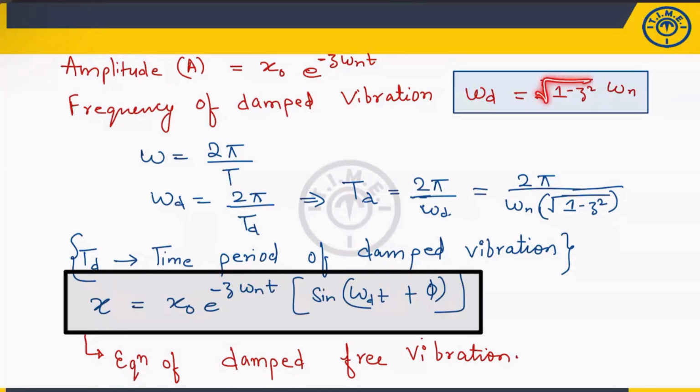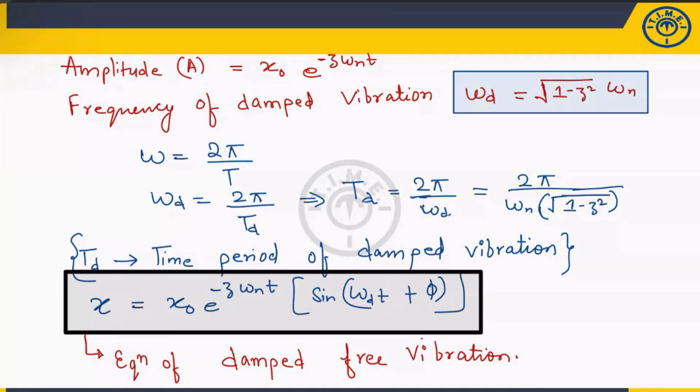It is root of 1 minus zeta square times omega n, where omega n is the natural frequency, root of k by m, and zeta value you know. That is the damped natural frequency. Omega d is equal to 2 pi by Td, so Td, the time period of damped vibration, you can also calculate once you know the damped natural frequency.